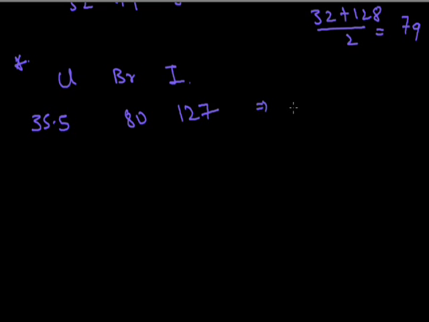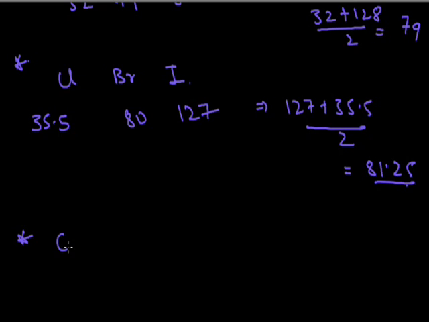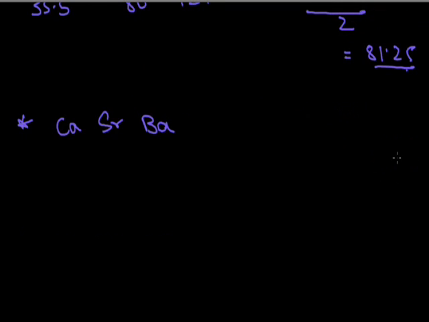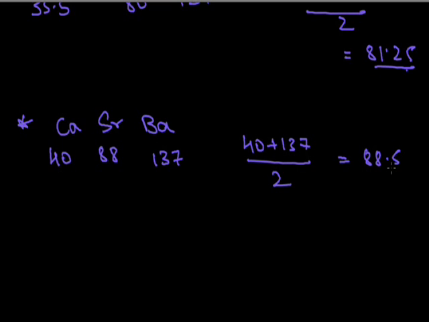So if you apply this, 127 plus 35.5 divided by 2 gives 81.25, which is approximately the atomic mass of the middle element, bromine. The next example of a triad is Ca, Sr and Ba, with atomic masses 40, 88 and 137. So applying this, 40 plus 137 upon 2 gives 88.5, which is roughly 88, the atomic mass of the middle element.